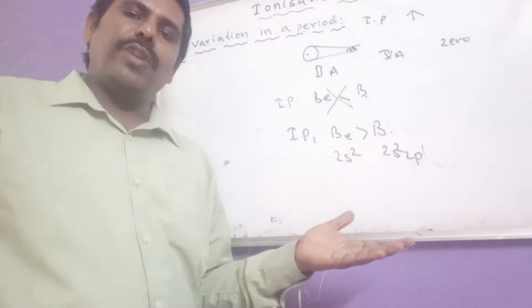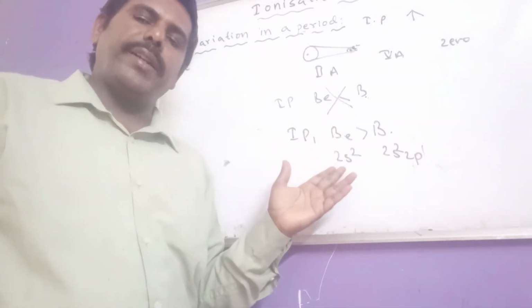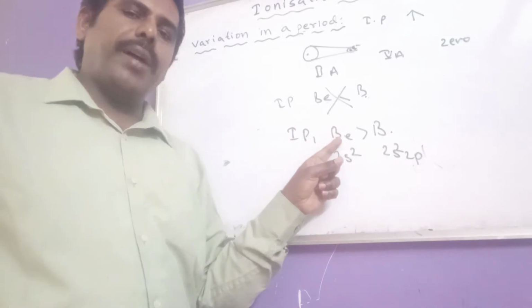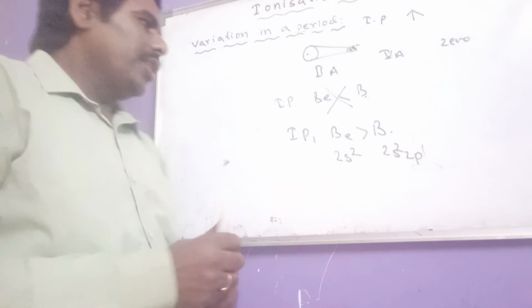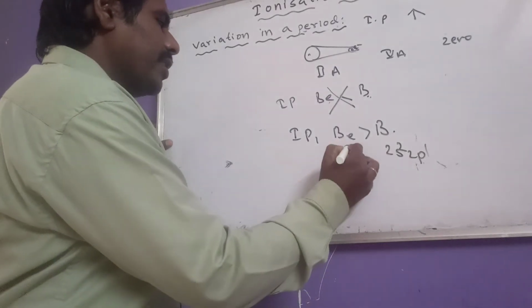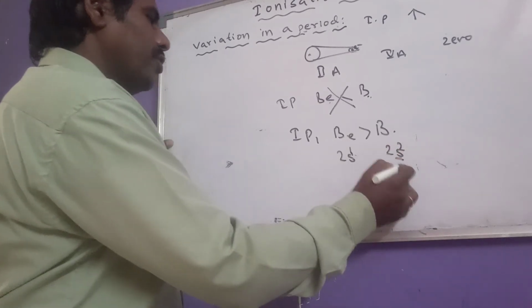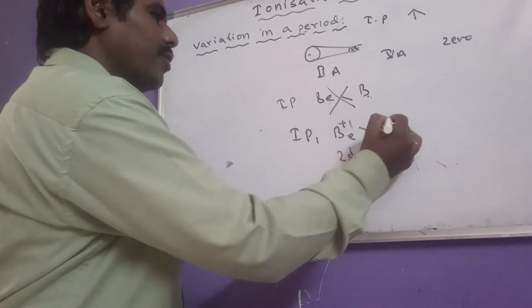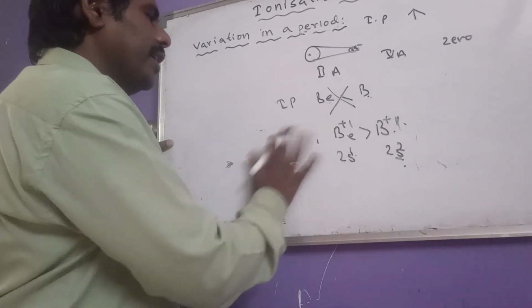So as usual, we have to provide more energy to remove an electron from the s subshell. So beryllium IP1 is greater than that of boron. After removal of one electron, the configuration becomes 2s1 for beryllium plus, and 2s2 for boron plus.